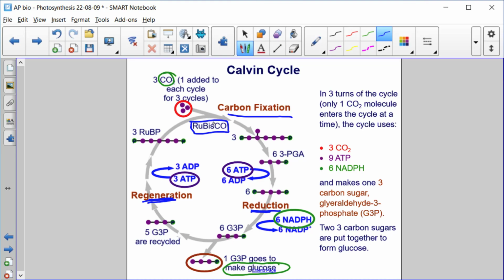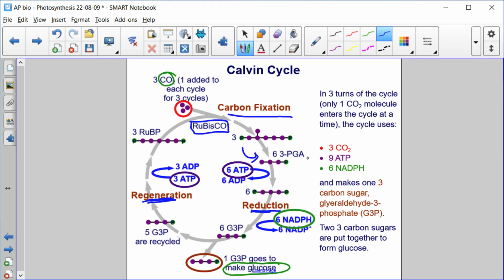It interacts at this enzyme to capture a CO2, which is a 1 carbon molecule, right? So you see the addition of that carbon there. This is an unstable 6 carbon molecule that quickly splits into 3 carbon molecules, 3-phosphoglycerate, which you see labeled here as 3-PGA.